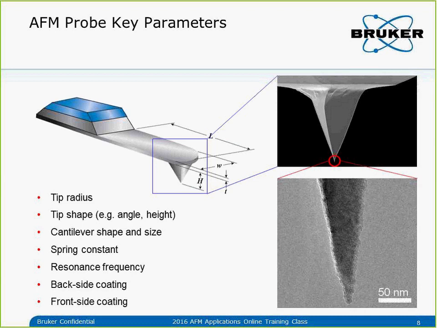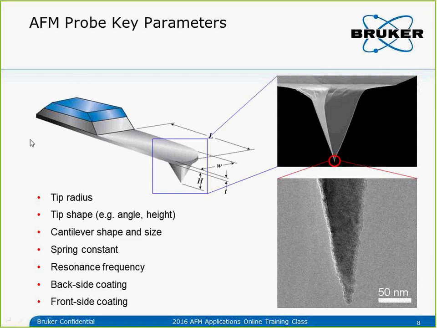When we try to choose the right cantilever, we typically look at some key parameters of the probe. These key parameters are typically related to either the tip or the cantilever, not so much the substrate. Here is a diagram of the cantilever.